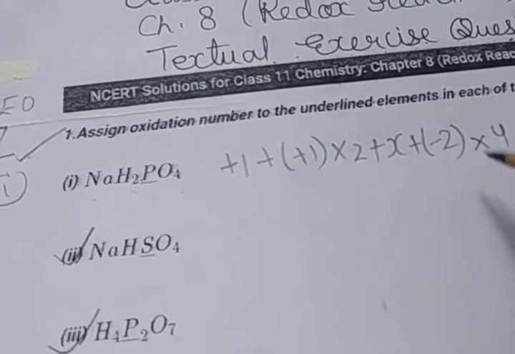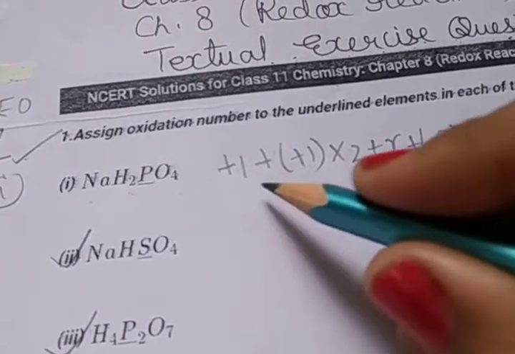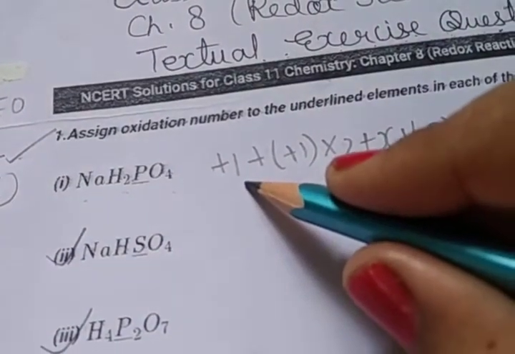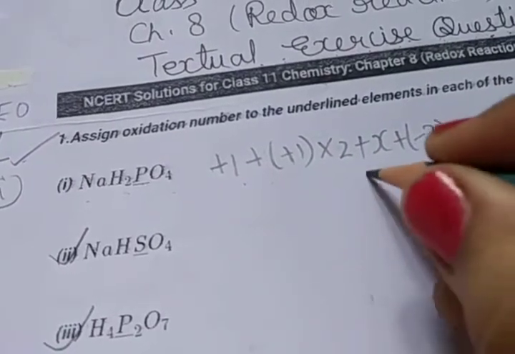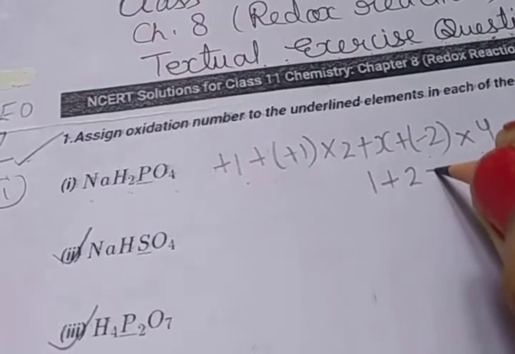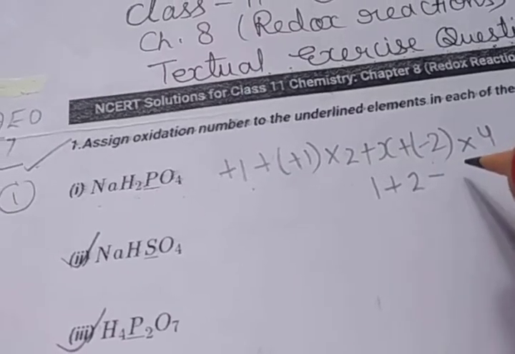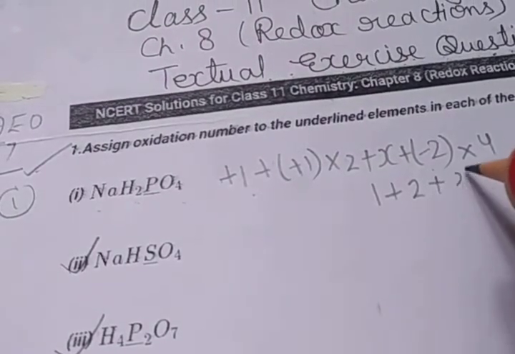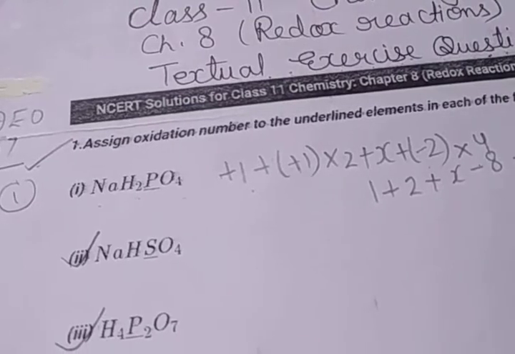So 1 plus 2 plus X minus 8 is equal to 0.